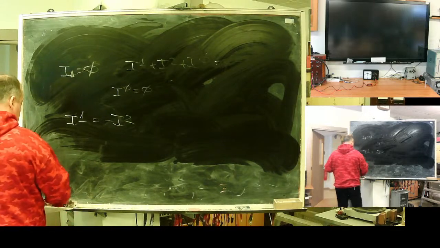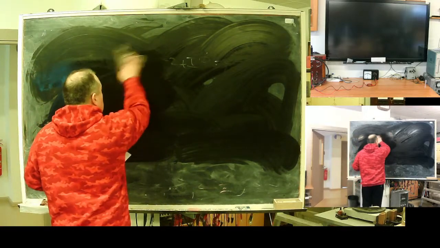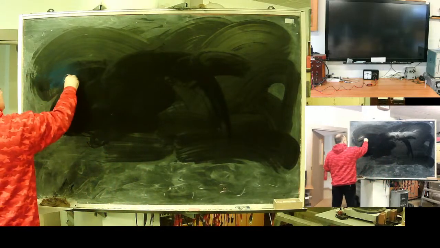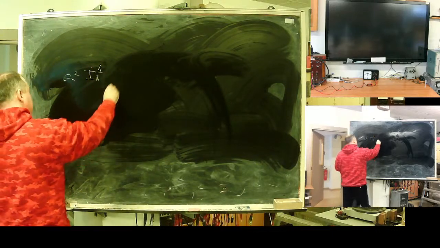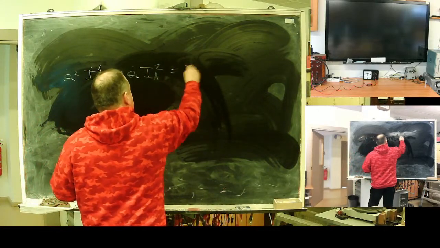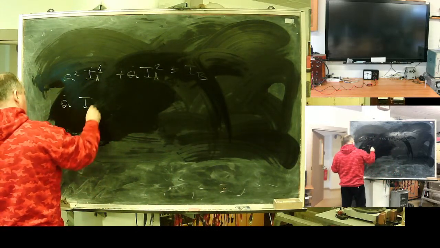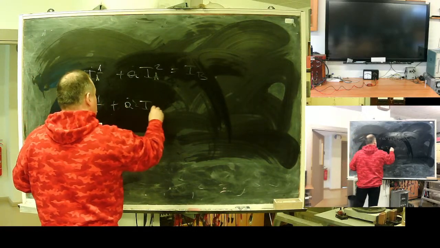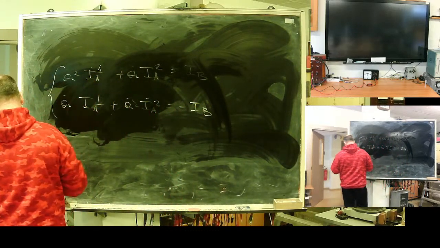Here it is convenient to write the boundary condition. So A squared times the A phase current of direct sequence plus A times the negative sequence, and A times the direct sequence plus A squared times the negative sequence, equals minus the B phase current.